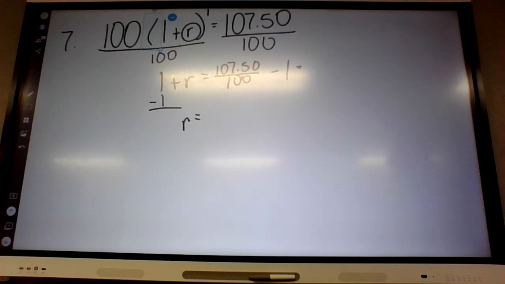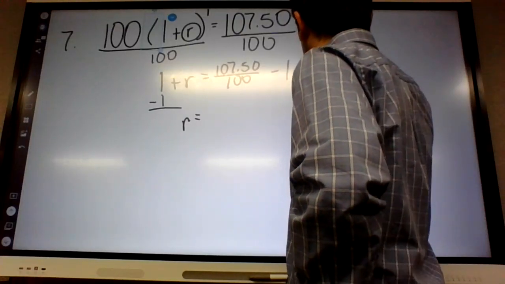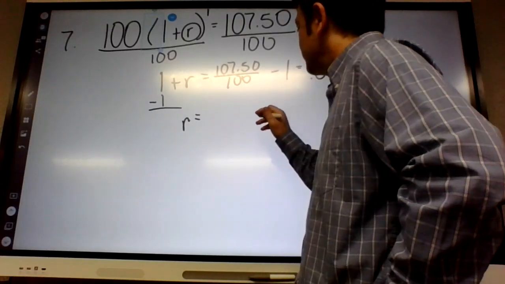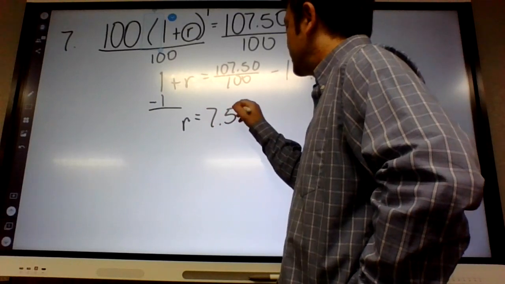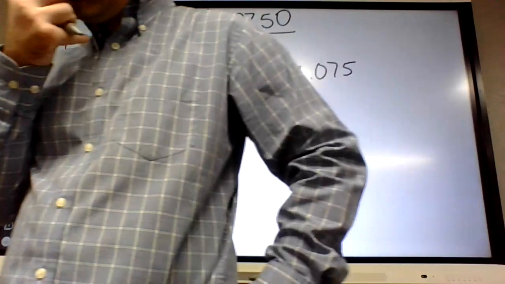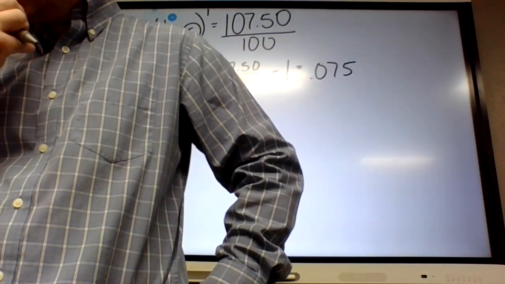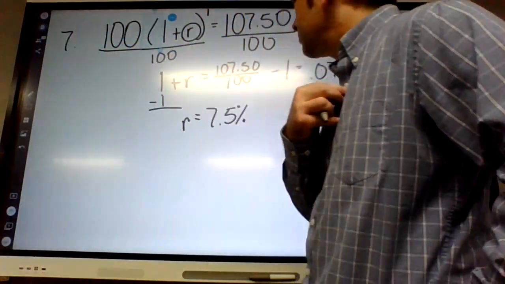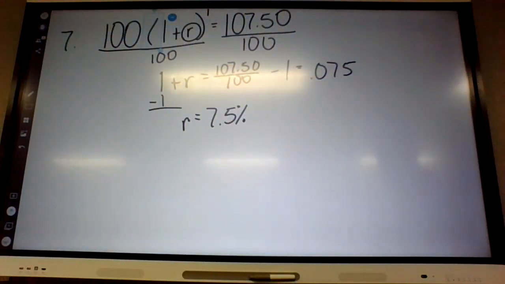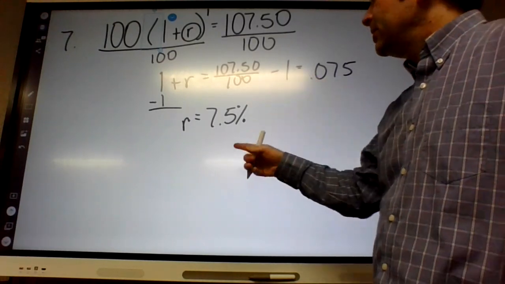I got 0.075. Okay, what's that as a percentage? 7.5%. Yeah. So what probably happened was they said, we'll give you like 7.2% interest compounded quarterly.